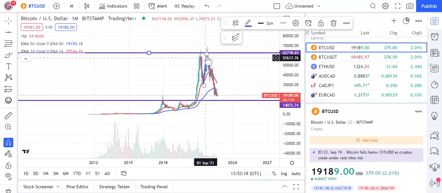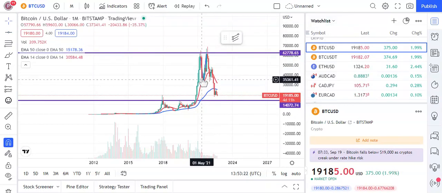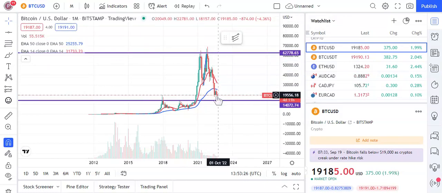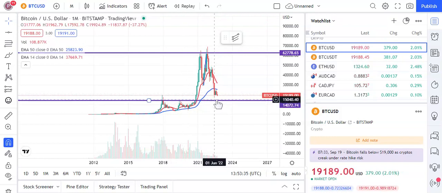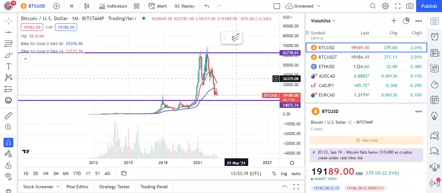You can see what happened here, and price dropped down drastically. The way I'm looking at it, Bitcoin USD might drop down to this area of support. This resistance here has turned to support. Price might drop down here, begin to go back up.